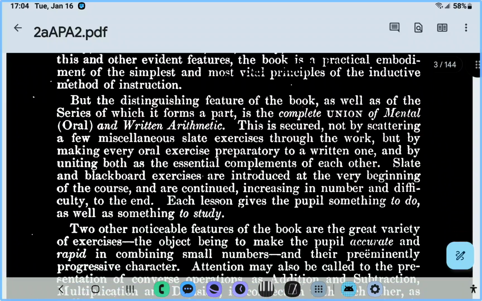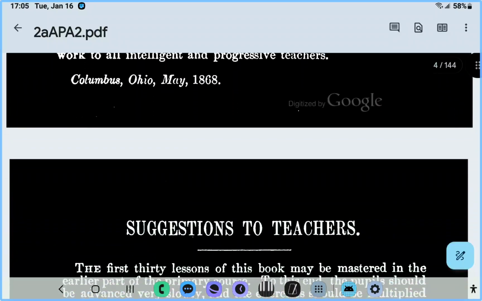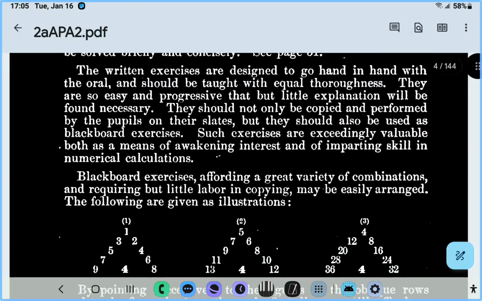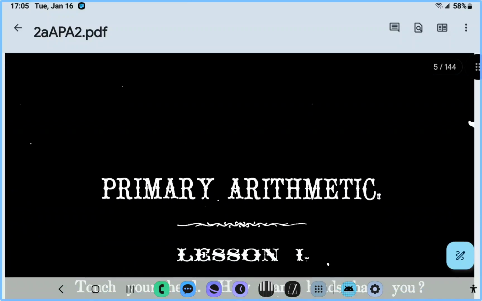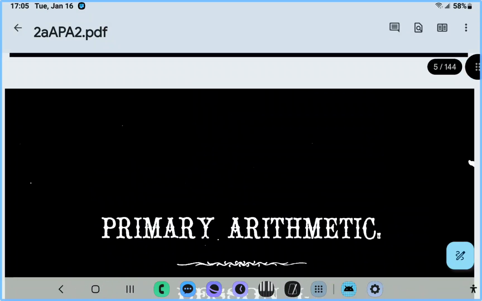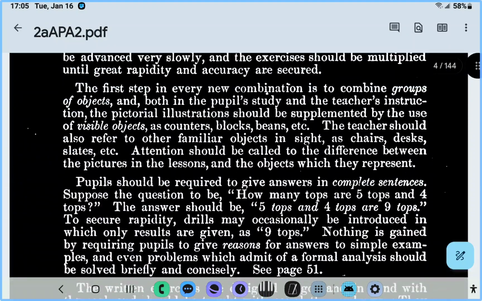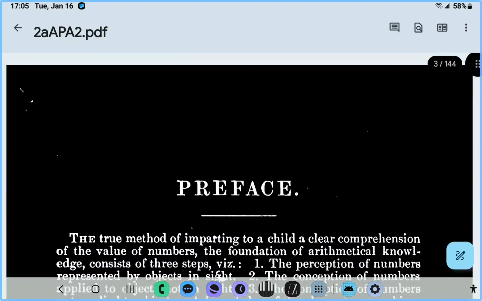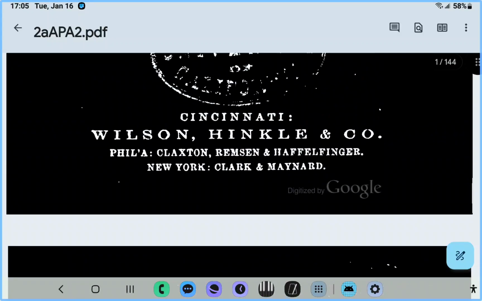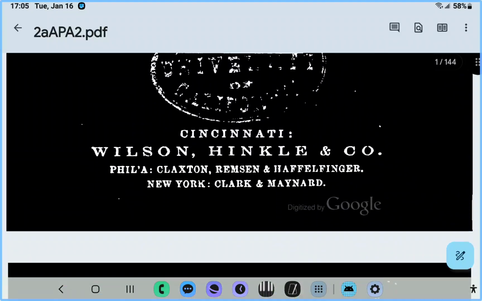Well, let's see. So we got the preface. Then we have suggestions to the teacher. Those are always fun. And then this is where we'd start in class tomorrow. So that's like 3 pages.